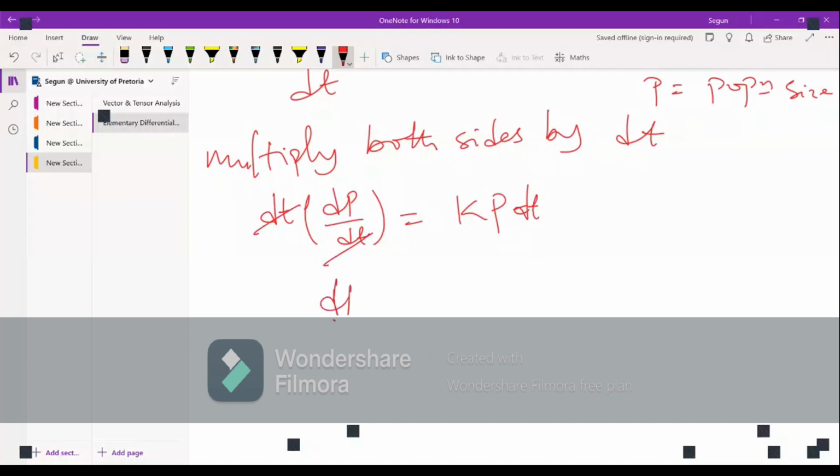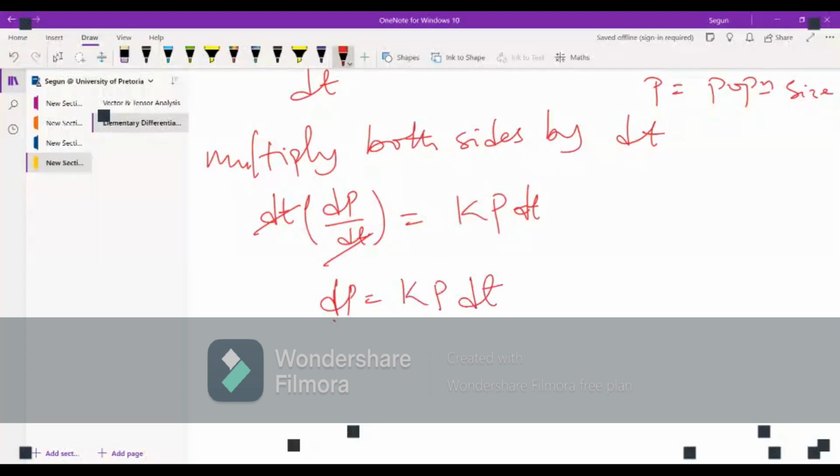So I have dP equals kP dt. Then divide both sides by P. If you divide both sides by P, you have dP over P equals kP dt over P, and this cancels this.